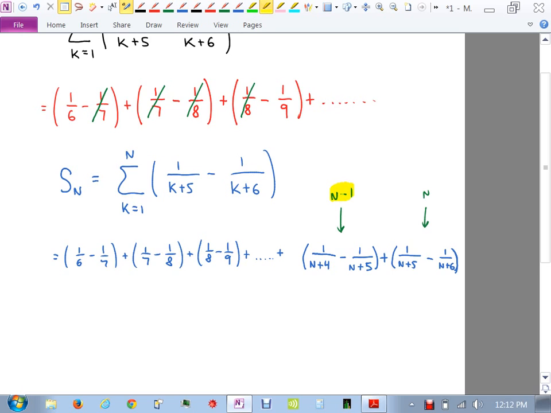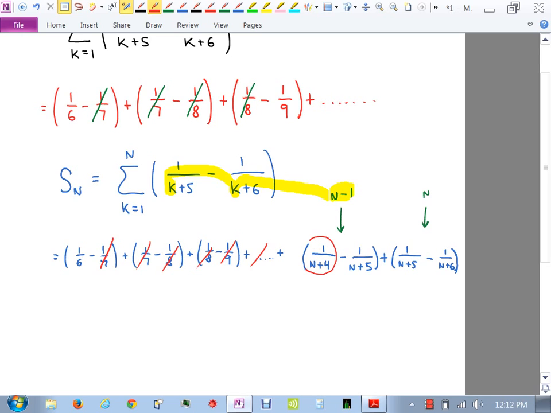Because n minus 1 plus 5 is n plus 4, and n minus 1 plus 6 is n plus 5. Do you all see that? And I could keep going backwards, but I have enough to see the pattern. My 1/7 cancels, my 1/8 cancels, my 1/9, and there's going to be the 1/9 there for it to cancel with. And I keep going.